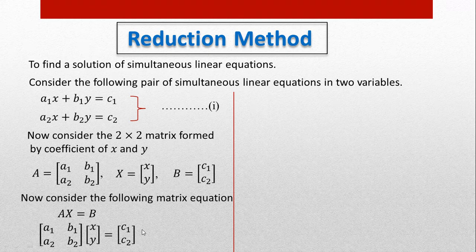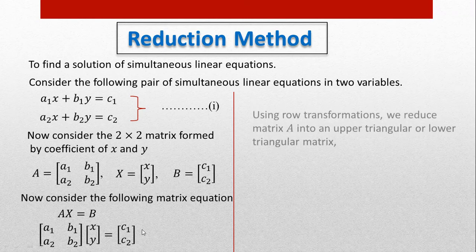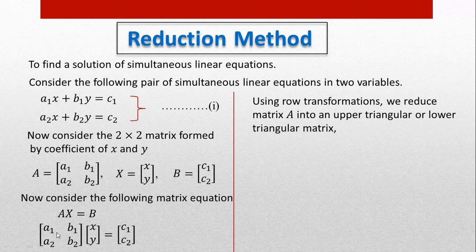We know that there is a relation between the pair of simultaneous linear equations and the matrix equation. After converting the given equations into the matrix equation like this, in the reduction method we have to use row transformations to reduce the matrix A into an upper triangular or lower triangular matrix.